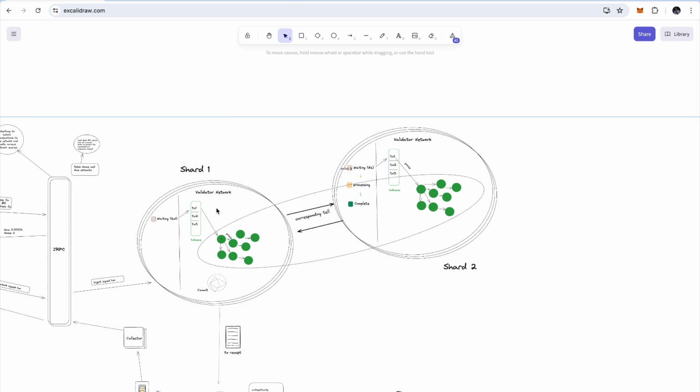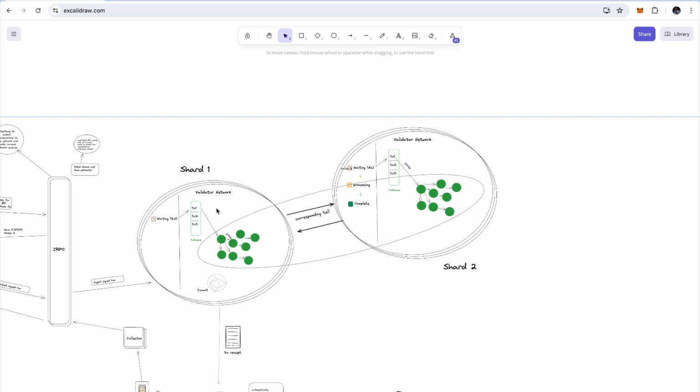Like, hey, we want to process a transaction for this account. You hold all the data about the account. Can you give it to us? And then shard 2 validators are going to send all of that information back to shard 1. This communication happens through what we call the corresponding tail, which is the mechanism of shards and validators in different shards talking to each other, sending messages across.